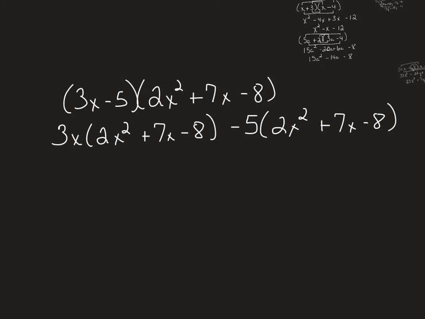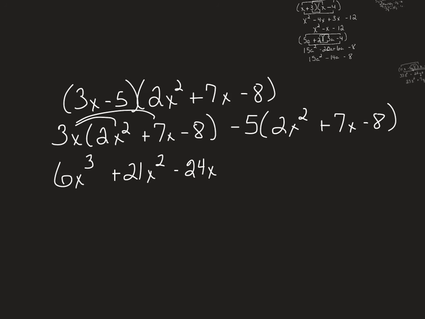So we have 3x times 2x squared, which is 6x cubed. 3x times 7x is 21x squared. And 3x times negative 8 is going to be a negative 24x.